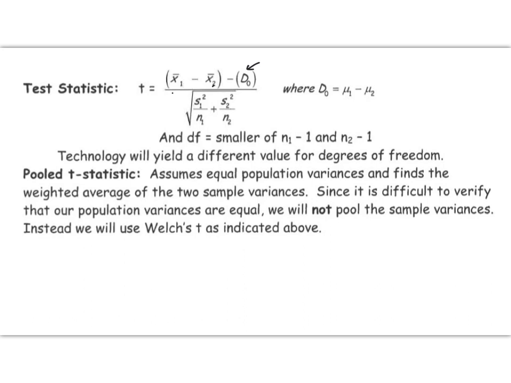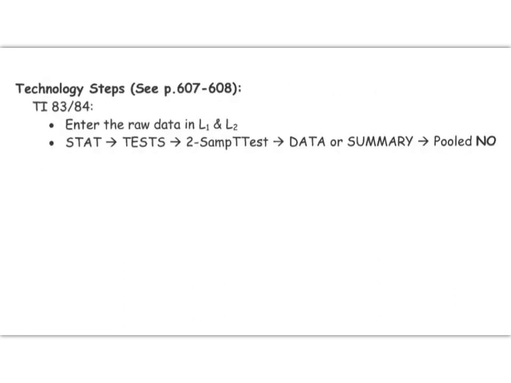Okay, so we are not using pooled t-statistics, and the reason I'm bringing that up is because when you run this on the calculator, it's going to prompt you and ask you whether you're using a pooled t-statistic or not, and you're going to say no. If you have your data, you're going to enter it into list 1 and list 2.